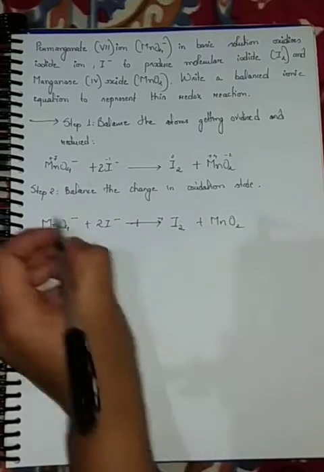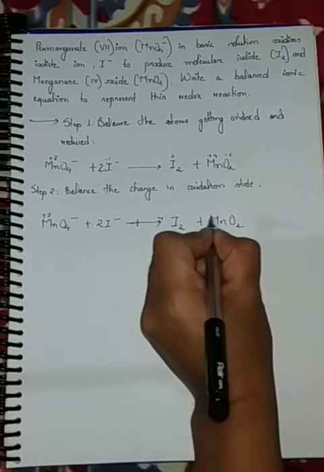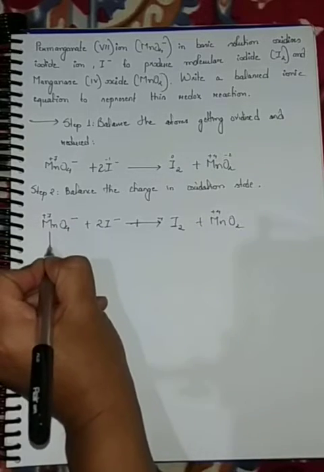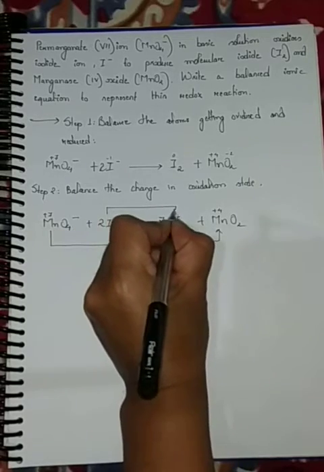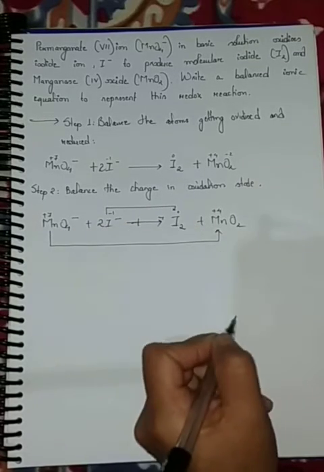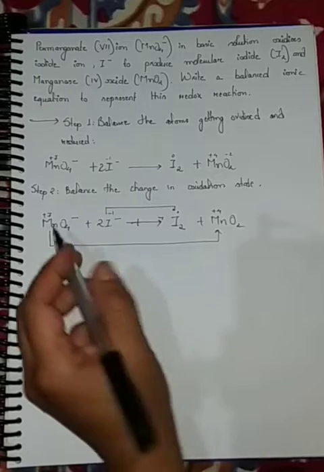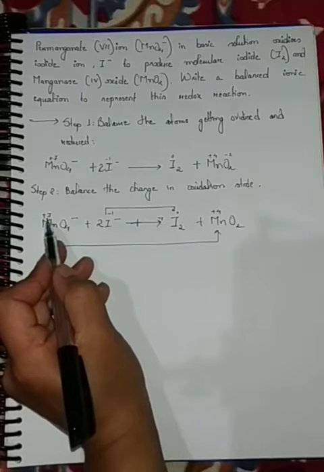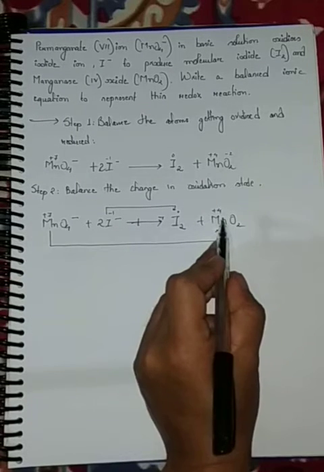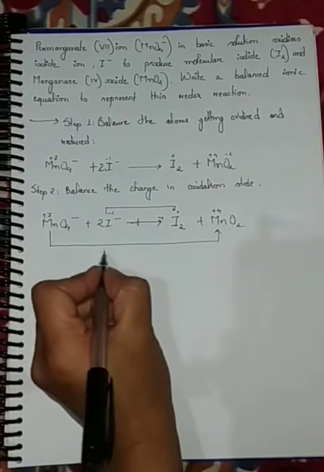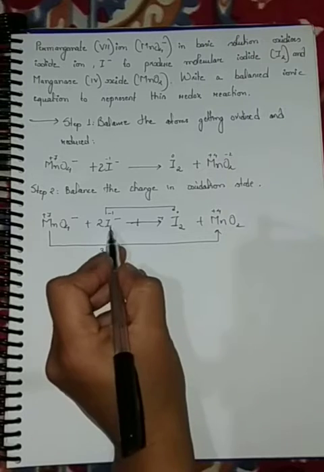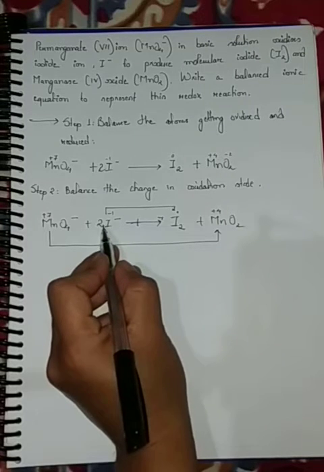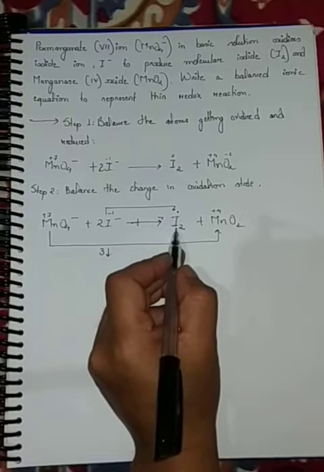Now we have to balance the change in oxidation state. Manganese is going from +7 to +4, and iodide is going from -1 to 0. Therefore in this reaction, since manganese is going from +7 to +4, it is undergoing reduction and decreasing by 3 units, whereas our iodide ion is getting oxidized to give us molecular iodine I2.